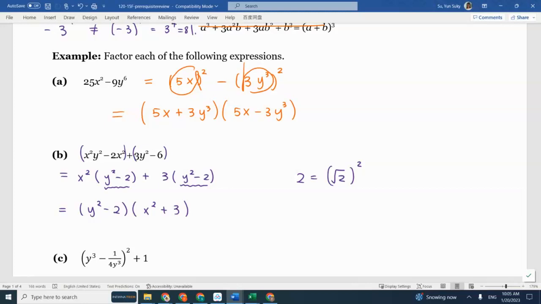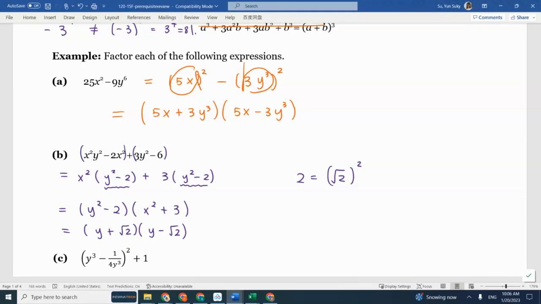We can factor difference of squares, right? A squared minus b squared is a plus b times a minus b. So what's your a? Y. What's your b? Square root of 2. Yes. A plus b times a minus b.